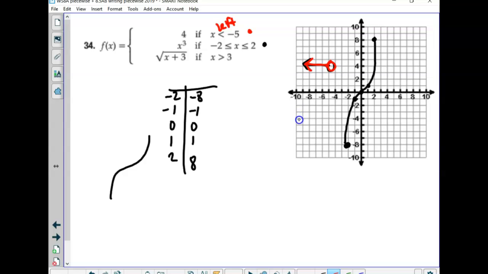Okay, now what? Anybody know what shape this thing is? Square root is a half of a sideways parabola, looking like that. This one has been shifted where? Left 3, so it would have started over here. So it looked like this.